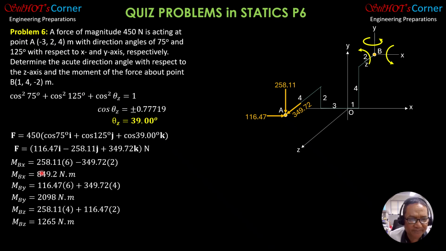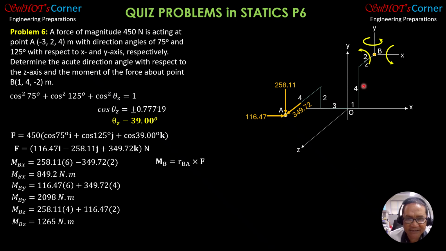So in vector form, the moment of this force about B is 849.2 i plus 2098 j plus 1265 k Newton meter. To check these answers in vector form, we have moment about B equals r_BA cross the force, where BA is from B to A. Along z is 2 plus 4, so 6.